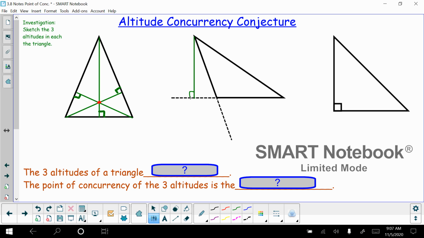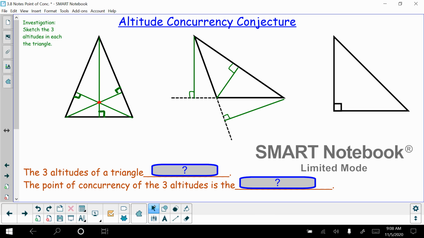So sometimes it ends up being outside of the triangle. This one over here is inside the triangle. Okay, so it looks like it'd be something like that. Here's the 90-degree angle. That's what an altitude is. And then the last one ends up being outside the triangle as well. So again, you're just estimating this 90-degree angle. Usually we construct each one. Now these are not concurrent, okay?